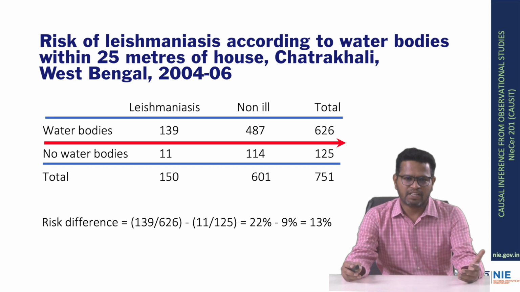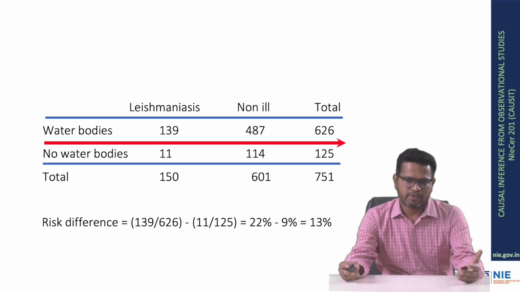The risk of having leishmaniasis among those living in a house having a water body within 25 meters is 22%. The risk among those living in a house that doesn't have a water body within 25 meters is 9%. In this example, the risk difference is 22% minus 9%, that is 13%.